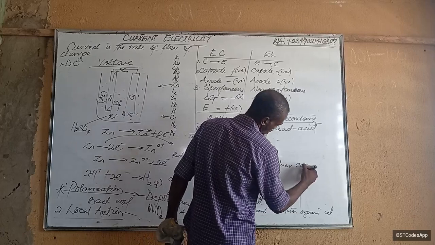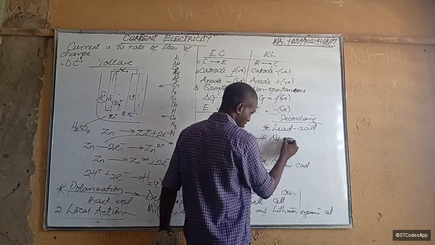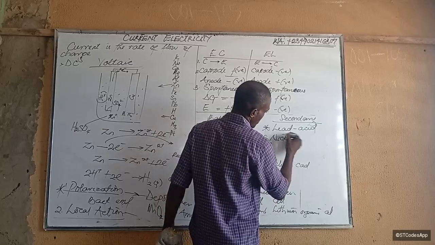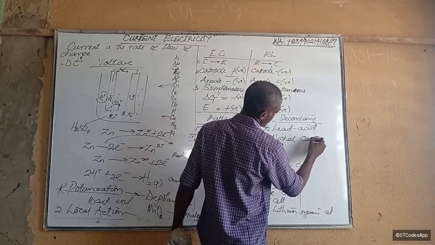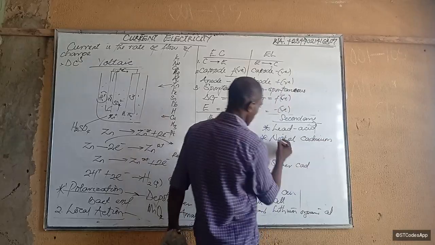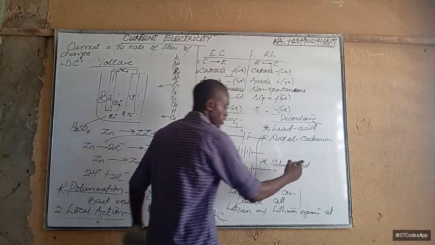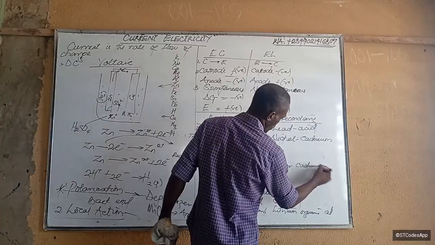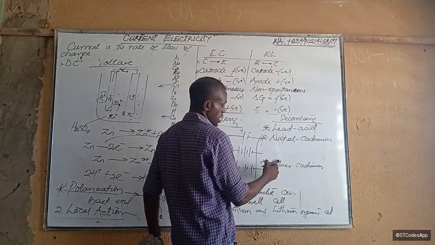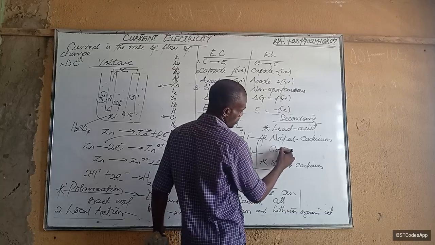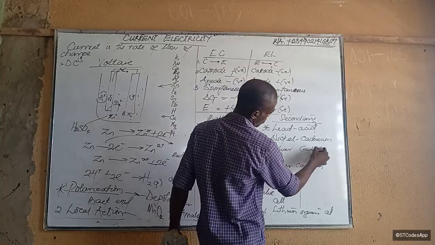Then we have nicad, nickel cadmium. The take home from this is just the level of efficiency. The silver cadmium is the most efficient, and we also have silver carbon.